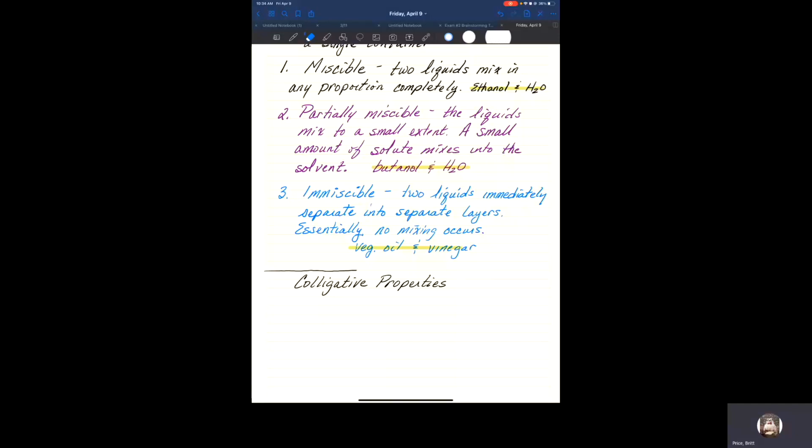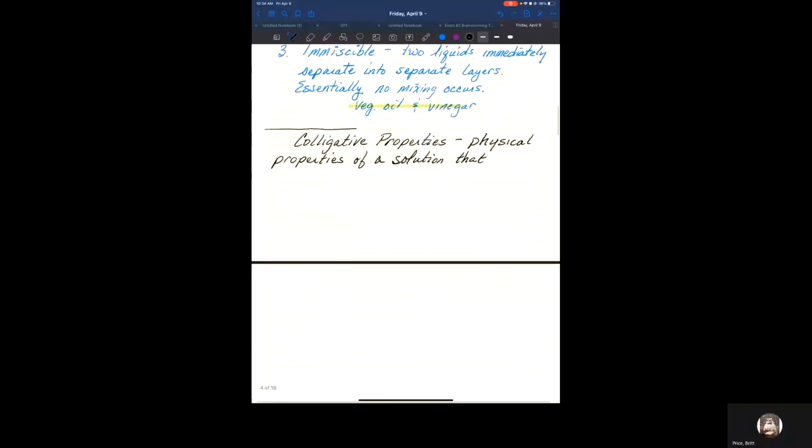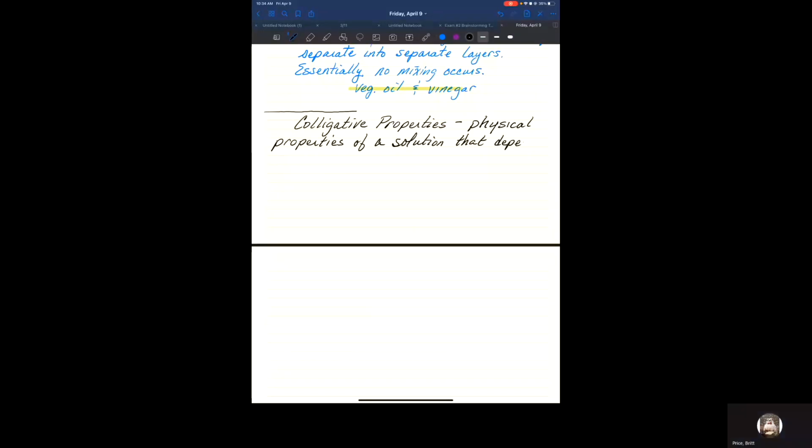So colligative properties are going to be physical properties that depend upon the number of solute particles in solution rather than their chemical properties.